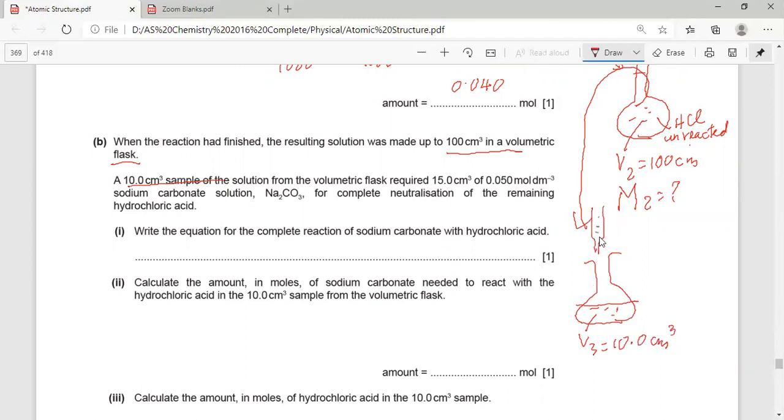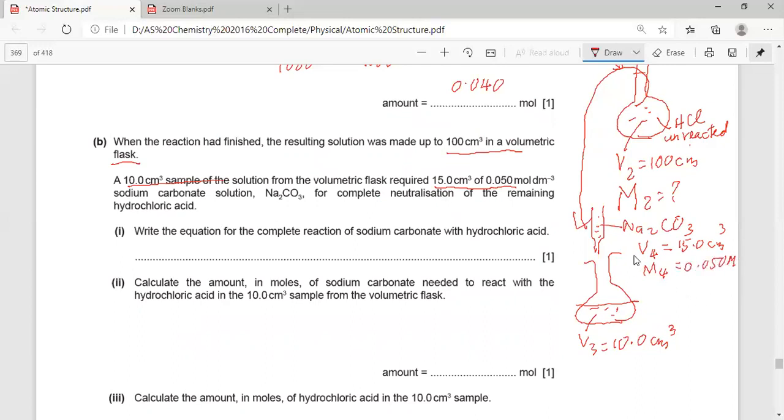That's what I'm telling you now, it is sodium carbonate. Don't worry. The volume and the molarity are given here. So V4 is 15.0 cm3, and the molarity equals 0.050 molar.